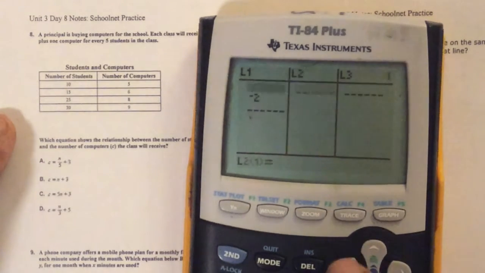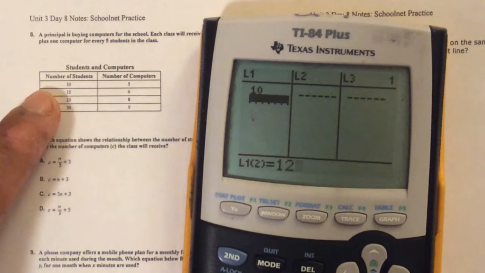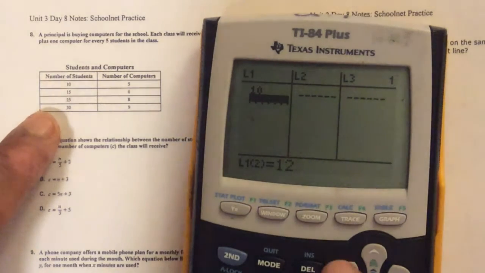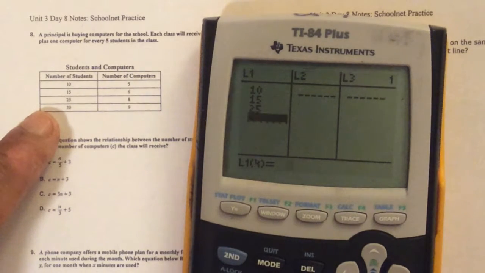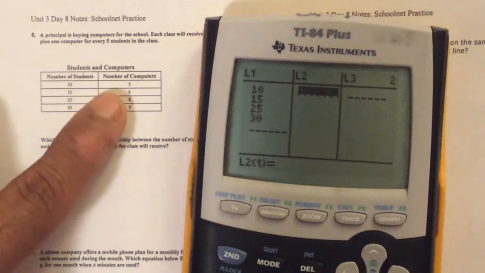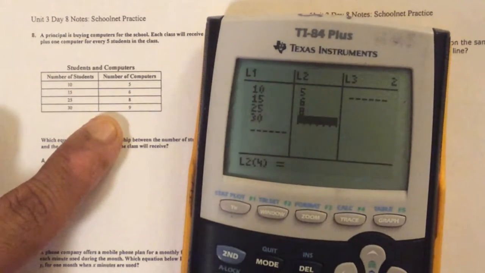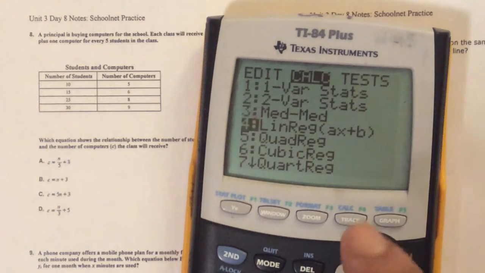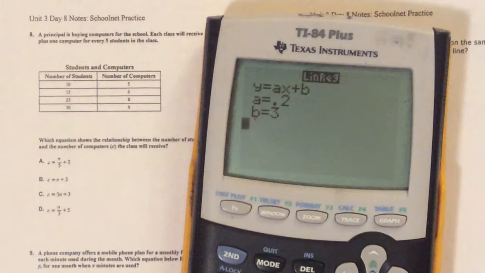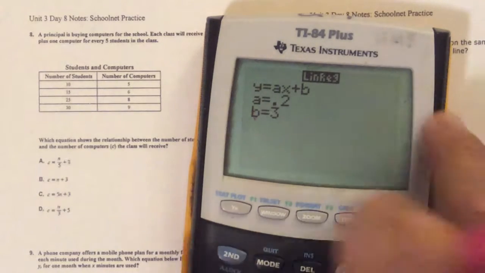So make sure everything's cleared up. So that will be 10, 15, 25, 30. And then it's 5, 6, 8, 9. Now stat, calculate, option number 4, enter, enter, enter. And I got 0.2 and 3.